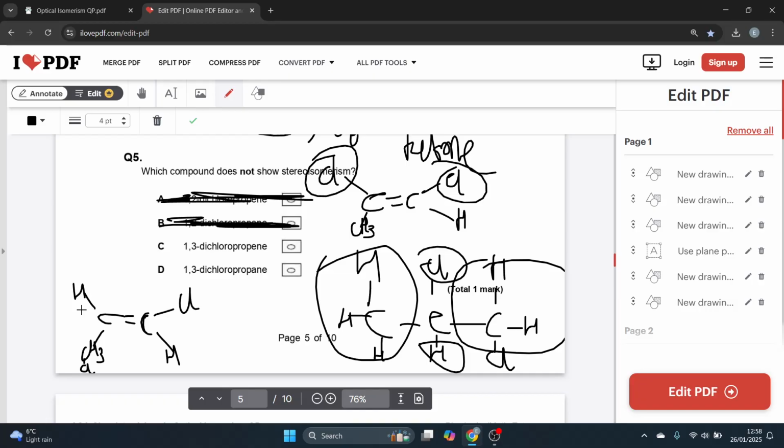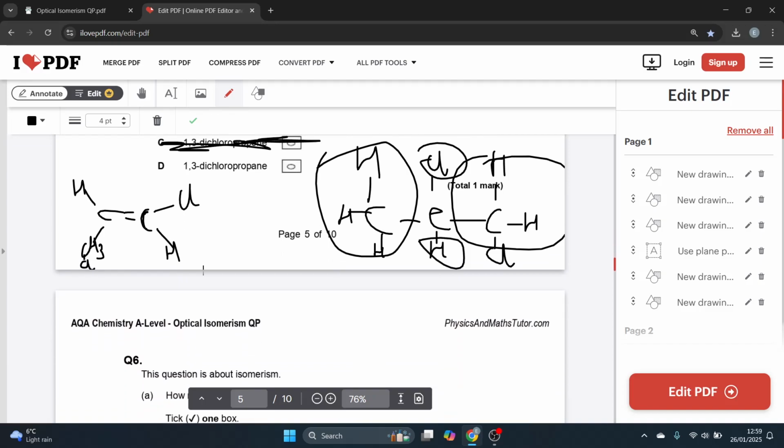Well, I'll look at the chlorine atoms. They're not directly attached. However, chlorine definitely has a higher Mr than CH3, so it will take priority. So it will show stereoisomerism. Therefore, the answer must be D.